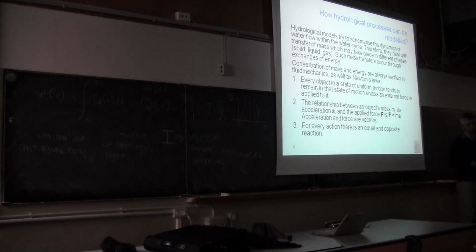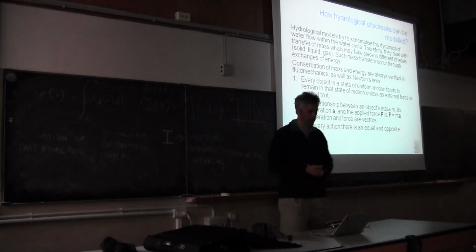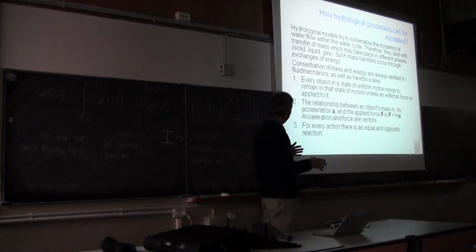So you have the rain that reaches the ground by converting potential energy into kinetic energy, and then the water flows along the hill slopes or in the underground by means of energy transformation. And so we are talking about fluid mechanics.